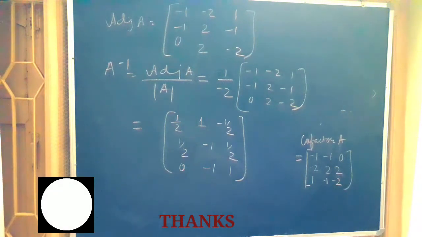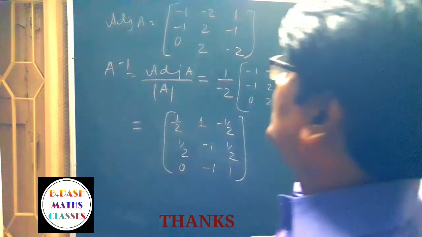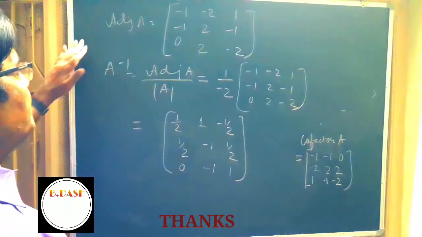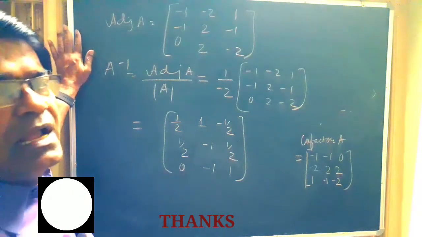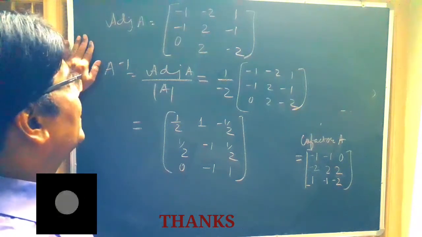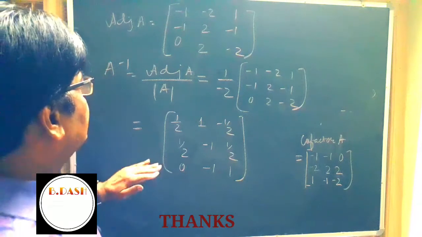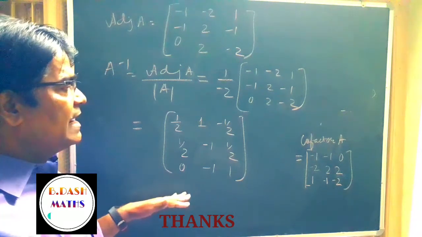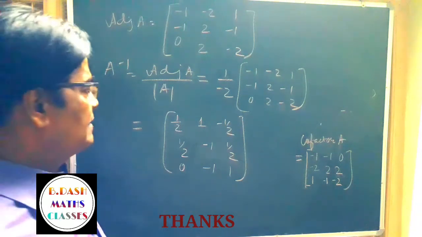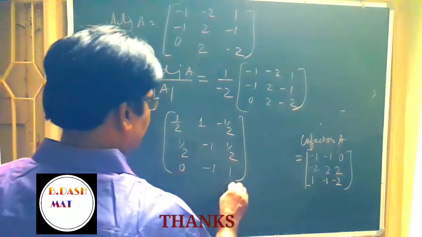The value is 1 by 2, 1, minus 1 by 2, 1 by 2, minus 1, 1 by 2, 0, minus 1, 1. So the same matrix A inverse I have evaluated in two processes. In the first process we get this inverse, and in the second process we also get the same value. So this is A inverse.